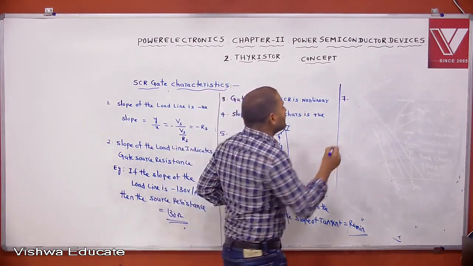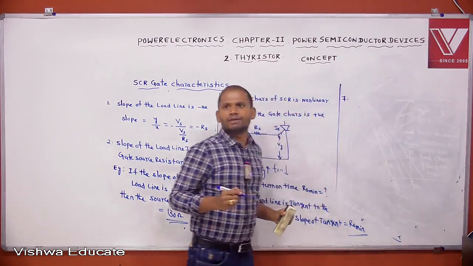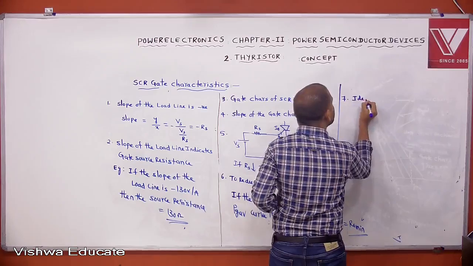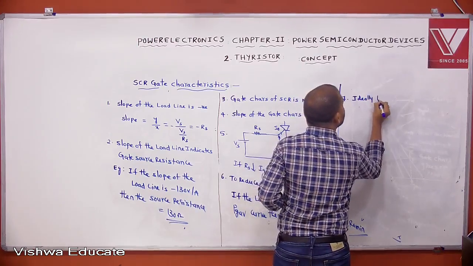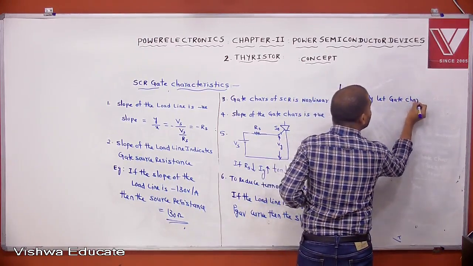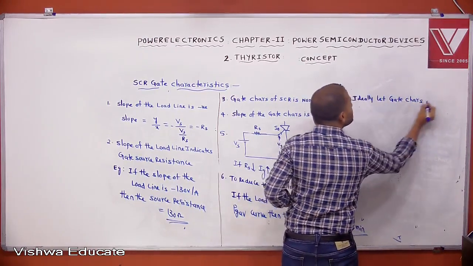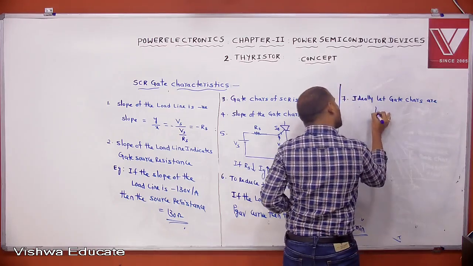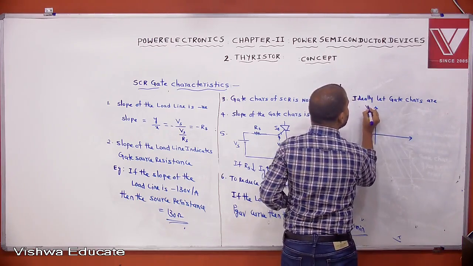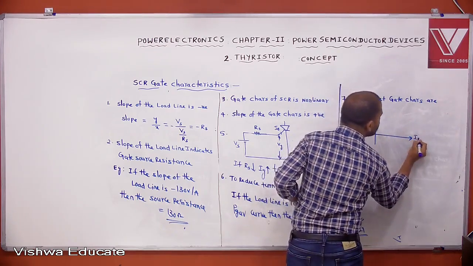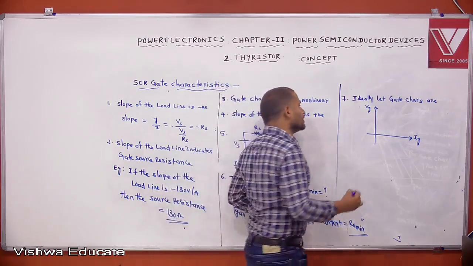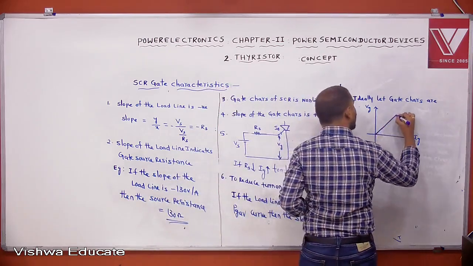Ideally, let us assume that, but practically it is non-linear, the gate characteristics are passing through the origin. Let this be VG and this be IG.